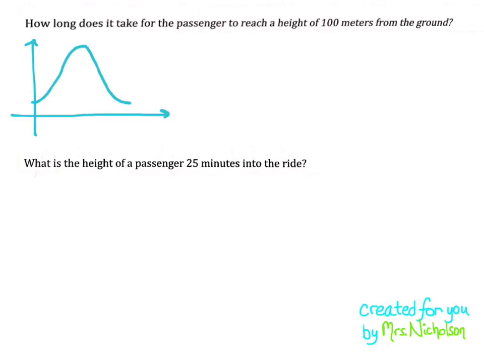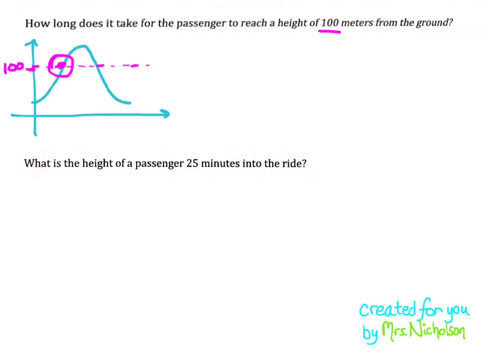And then in the next function, you're going to graph f2 equals 100. And so I'm going to say on my picture 100 is about right here. So if you do that, your calculator screen should have a graph that looks something like this. You've got the f1 graph, which is our periodic graph, sine or cosine, depending on which one you put in. And then our second function that's equal to 100. Now, how long it takes for the passenger to reach the height of 100, that's this point right here.